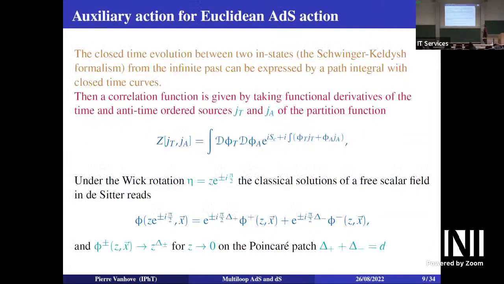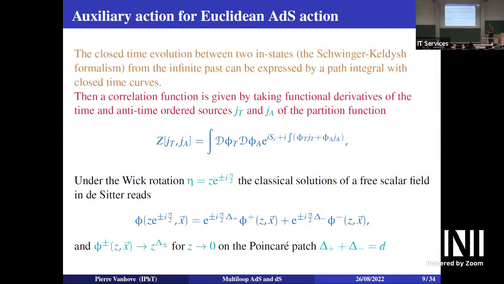So now what I want to do is define what is the correlation function. As you do in flat space quantum field theory, it's natural to look at a path integral where you couple your field to a source.